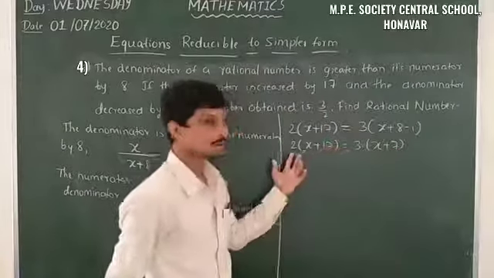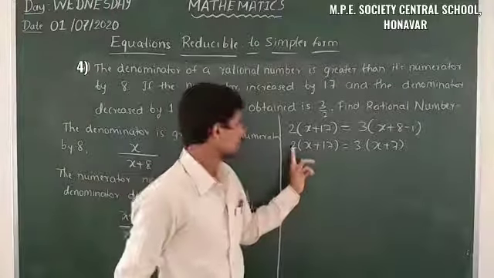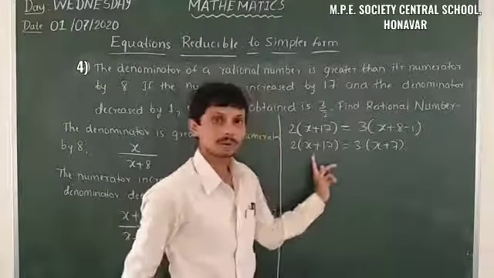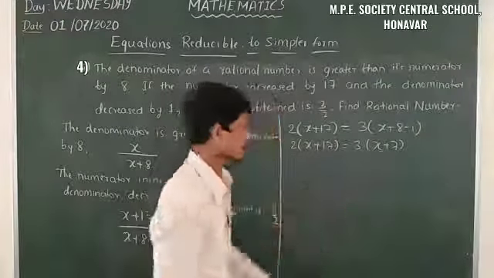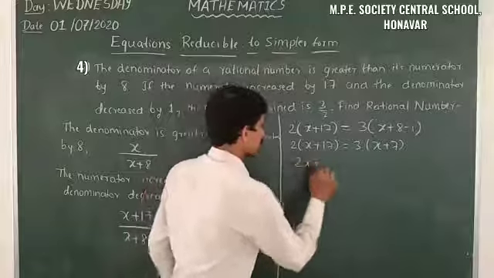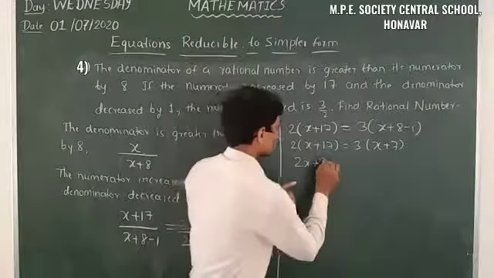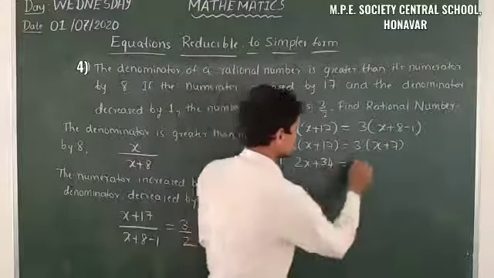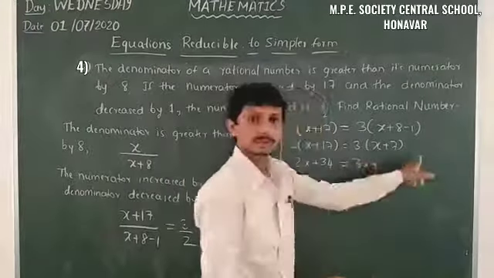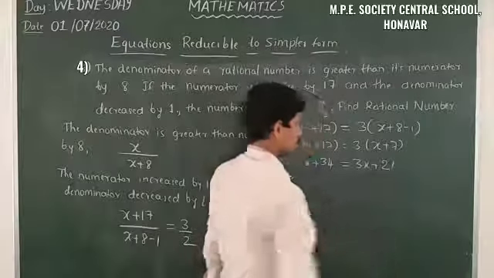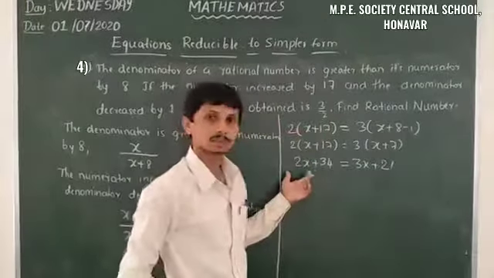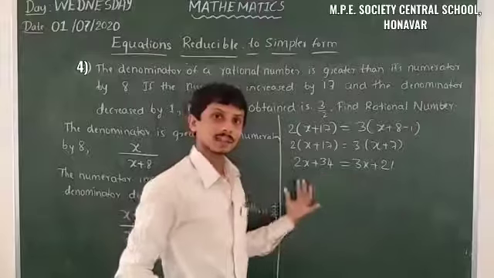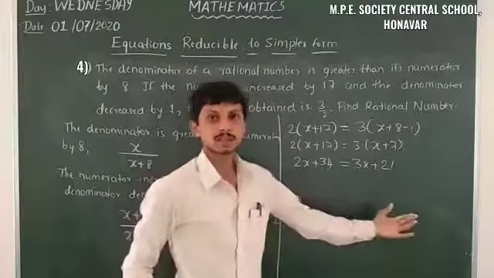Again we multiply and solve this part and this part. So 2x plus 34 is equal to 3 into x plus 3 into 7, 21.